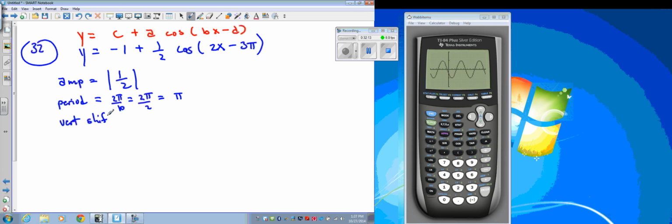It's saying we're going down 1, right? So it's down 1. And then phase shift. And that should be 3 pi, right?